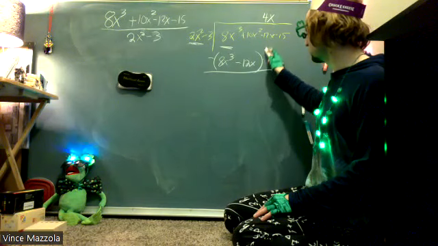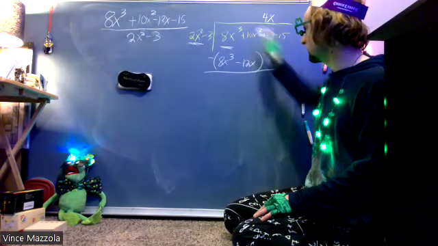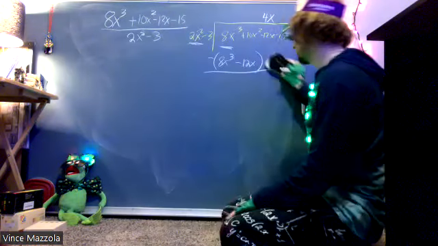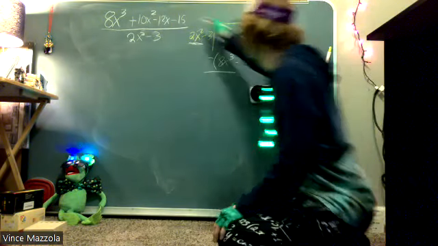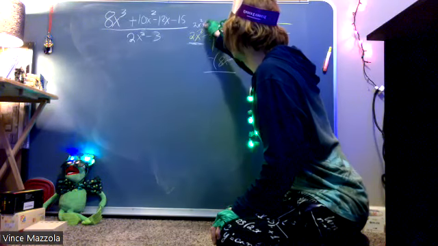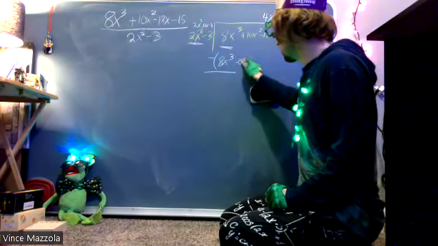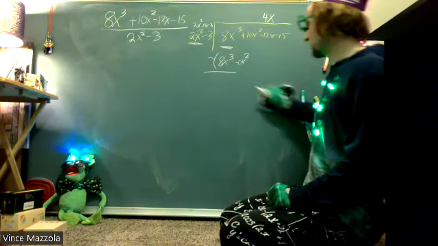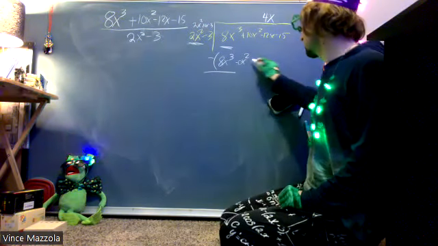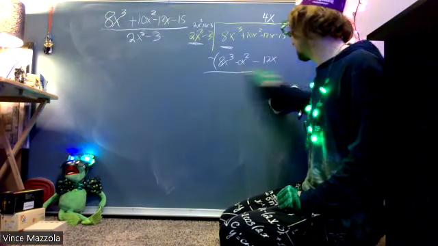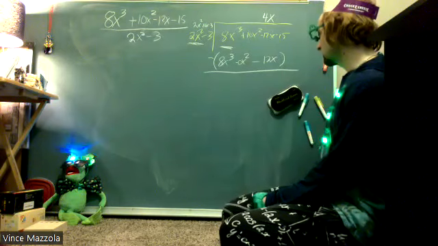However, this doesn't line up with this, so we actually have to account for that. You can also think of this like 2x squared plus 0x minus 3. There's no x squared term, so we write 0x and then minus 12x. There we go. Now let's account for that.